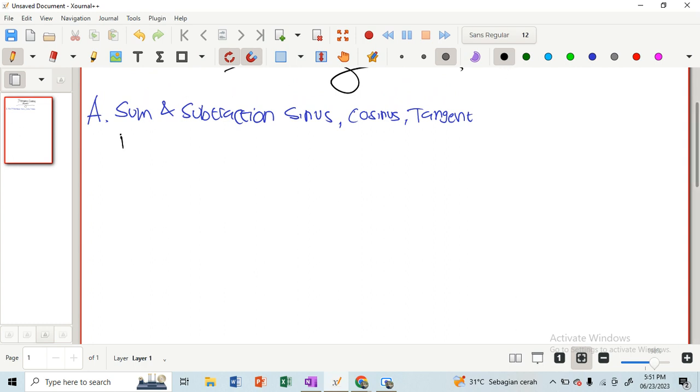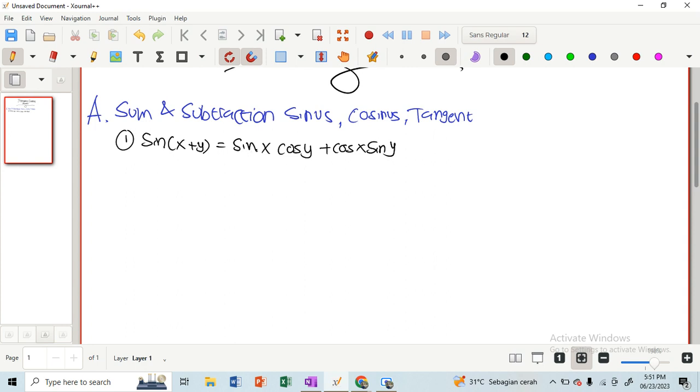The first is sine. Now, if we have sin(x + y), we can expand this into sin x cos y plus cos x times sin y. So you see that there's a pattern here.